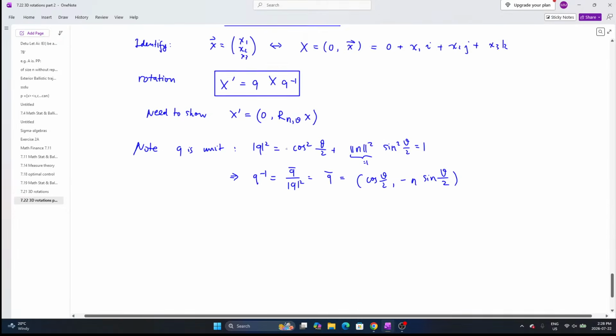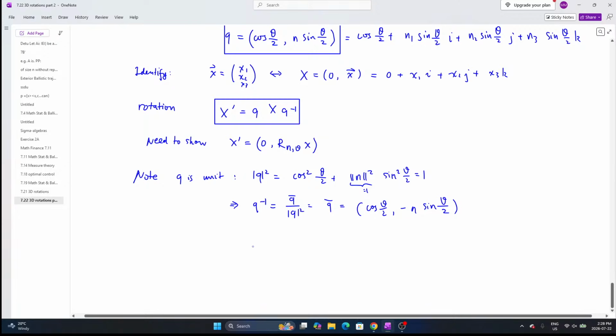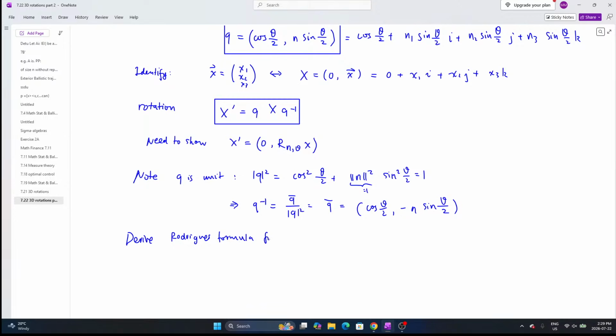To simplify notation, I was going to be lazy and write cosine as C and sine as S, but anyway, let's just verify that. So derive the Rodrigues formula from quaternion multiplication.